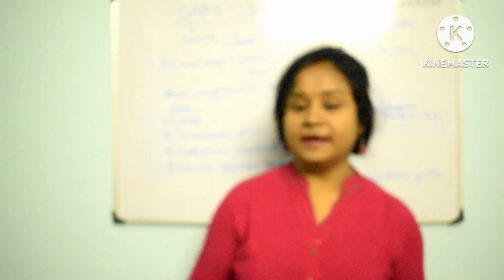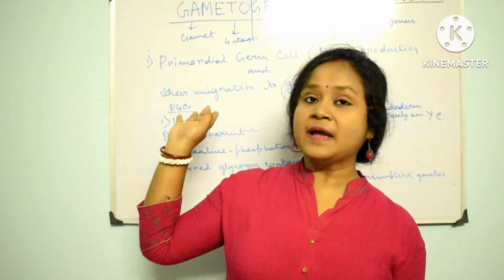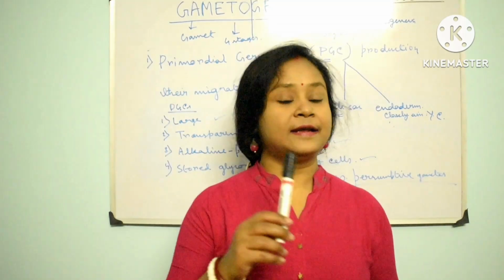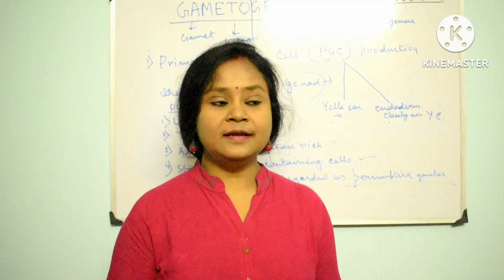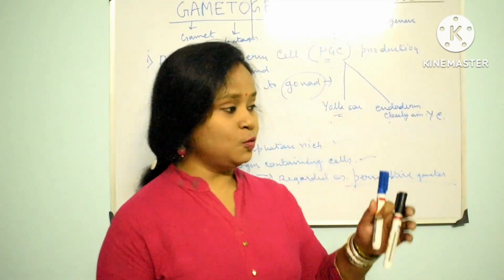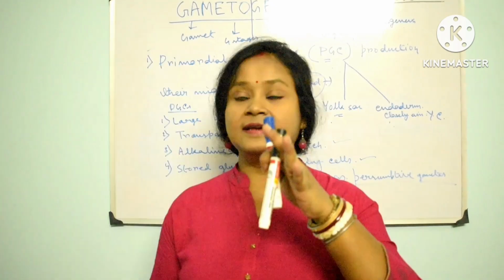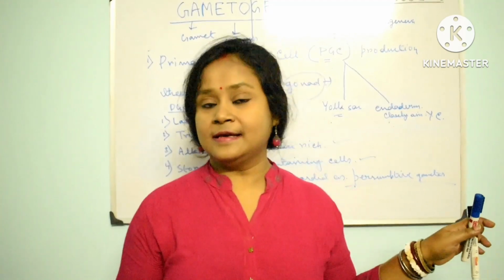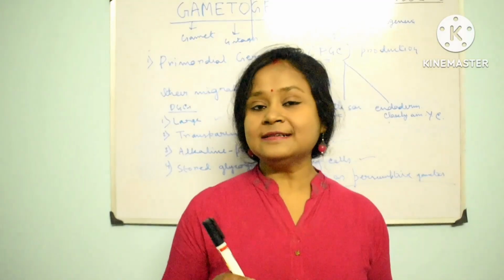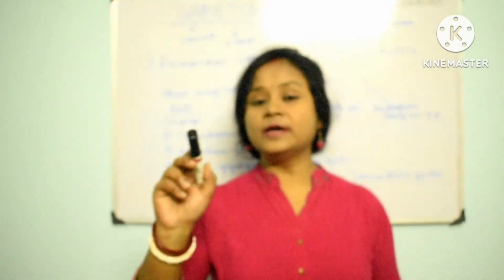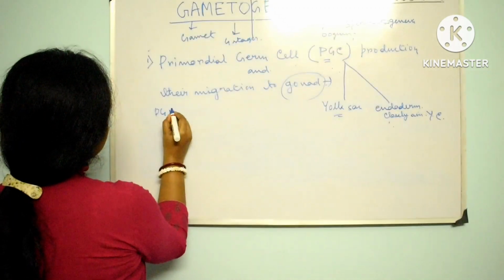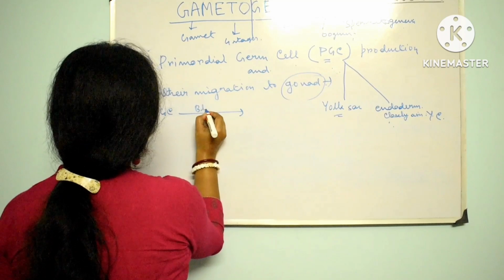A common question can arise in your mind: why do these primordial germ cells develop in a separate place and then migrate to the gonad, and which path do they follow? It's not an easy task to generate somewhere, then make its own pathway and migrate to a separate destination. It has been ascertained that in case of birds, the PGCs are carried to the gonad by blood.